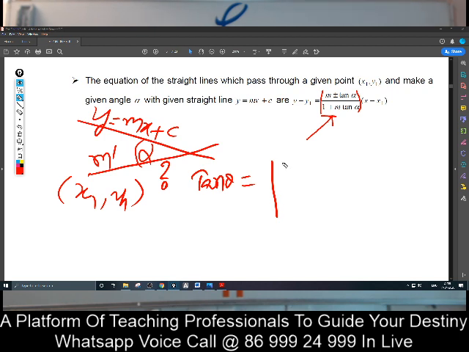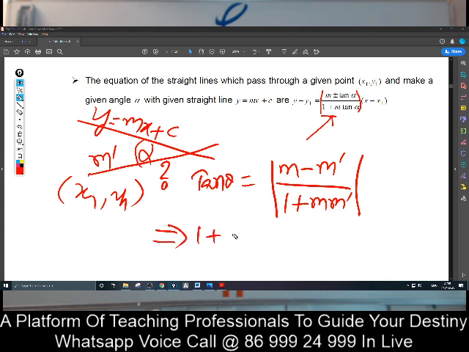Because we don't know whether it is acute angle or obtuse angle, and that will be taken care of by this modulus. So m is the slope here, m dash is the slope here. What do we need? We need m dash there.